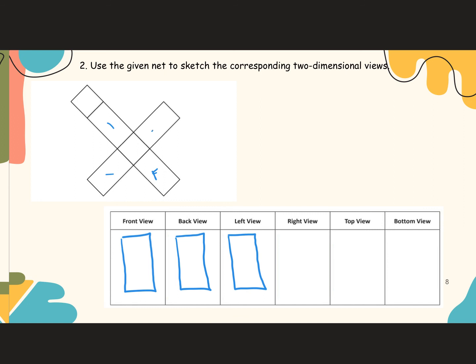My right view, a rectangle. My top view, which we can see here, I'm going to have a square. And of course, my bottom view, I'm going to have a square as well.